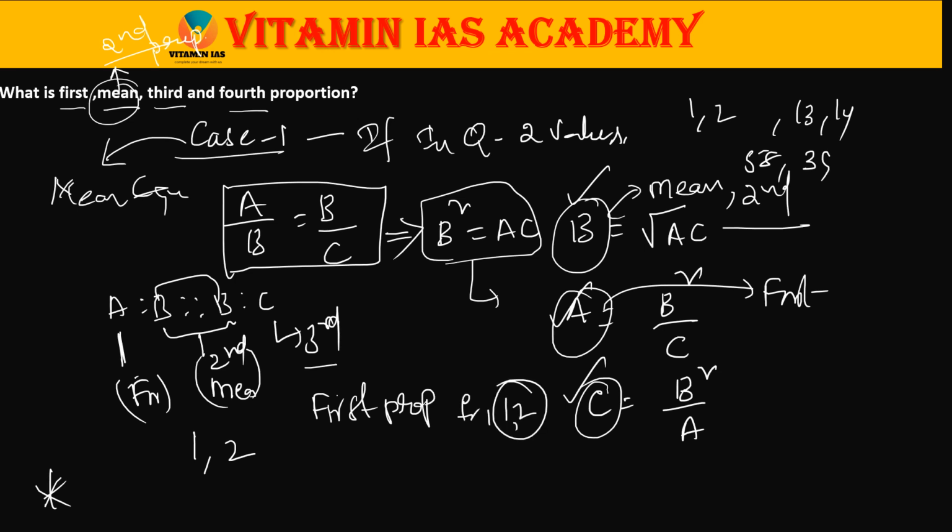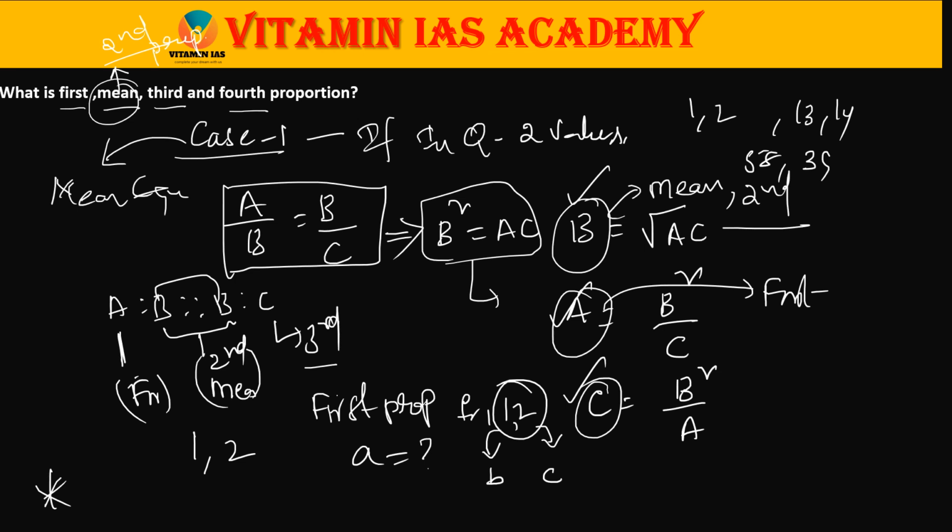Then what will happen? Here the first proportion is A. So A they want, which means you have to indicate 1 as B and 2 as C. If they are asking for A, then don't mention A here. Except A, whatever is there, you have to mention as B, C respectively.